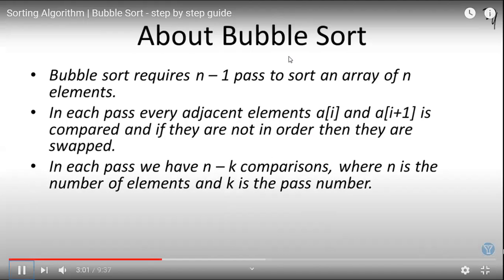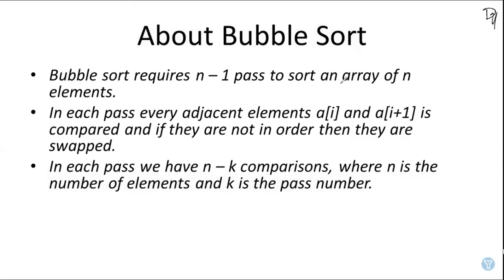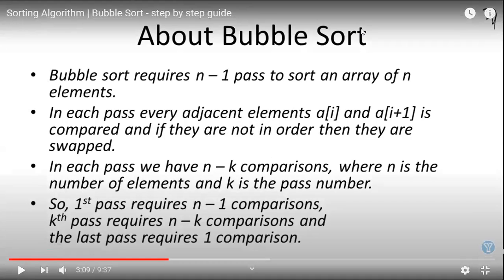And one more important point: how many comparisons do we need? Just now we have seen, n minus k comparisons, right? N is nothing but the total number of elements. K is nothing but the pass number.